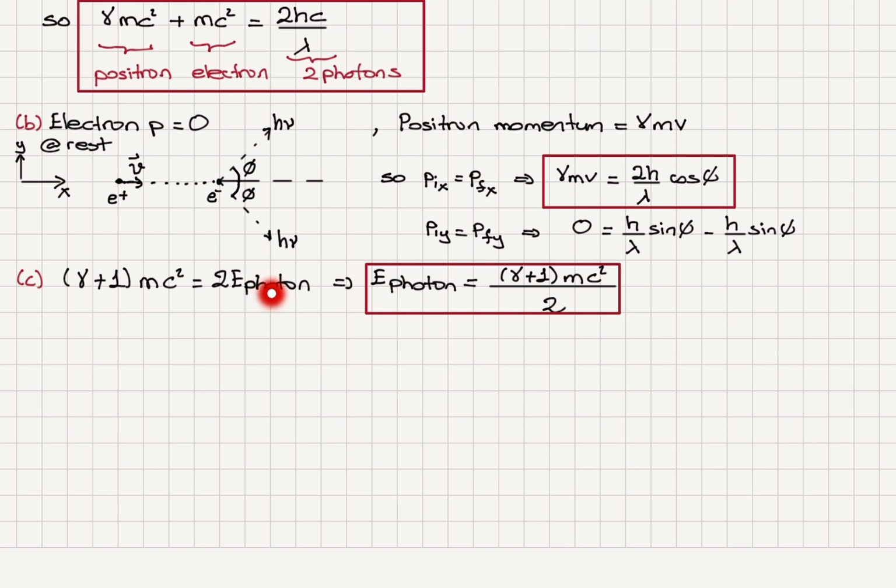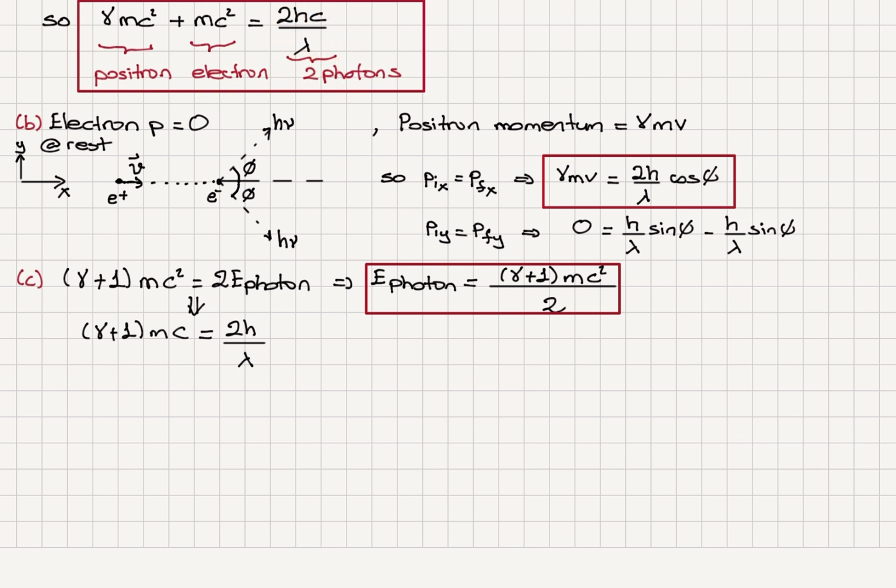So if I get rid of c from both sides, I would get the following equation. (Gamma plus 1) mc is equal to 2h over lambda. That is dividing this equation by c from both sides and substituting for E photon hc over lambda.